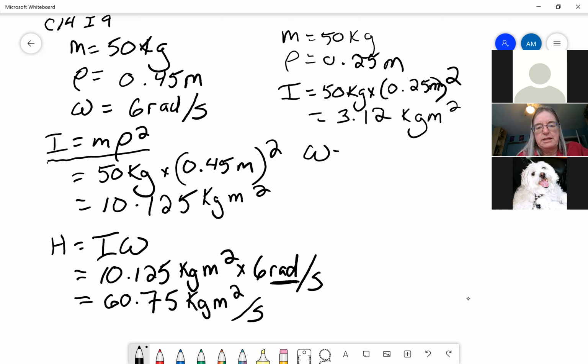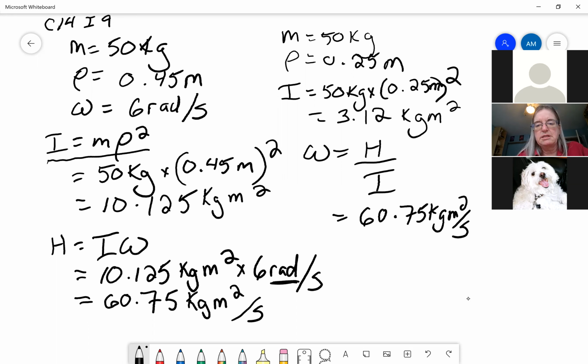So, angular velocity equals the angular momentum divided by moment of inertia, just rearranging the equation. So that is still going to be 60.75 kilogram meters squared per second, divided by 3.12. Those units will cancel.